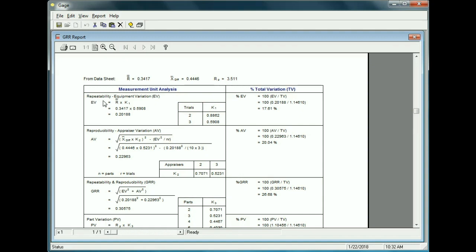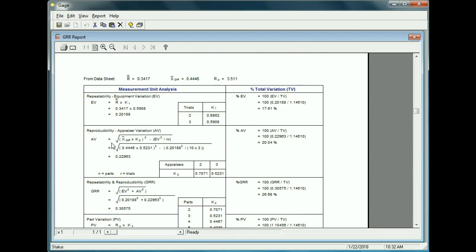For the repeatability, which is the error due to the measuring tool itself, sometimes called equipment variation, we do the calculation. We find that to one standard deviation, the value is 0.20188, whatever the units are that we're measuring in.